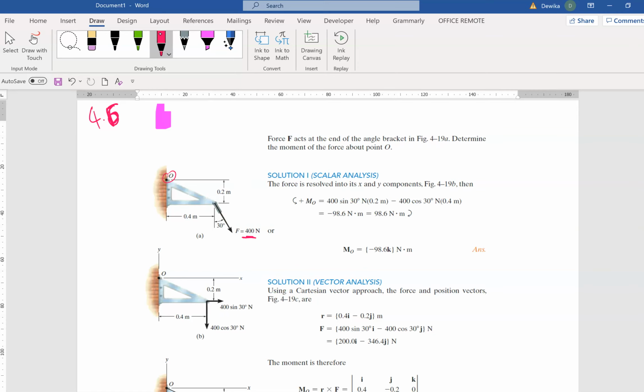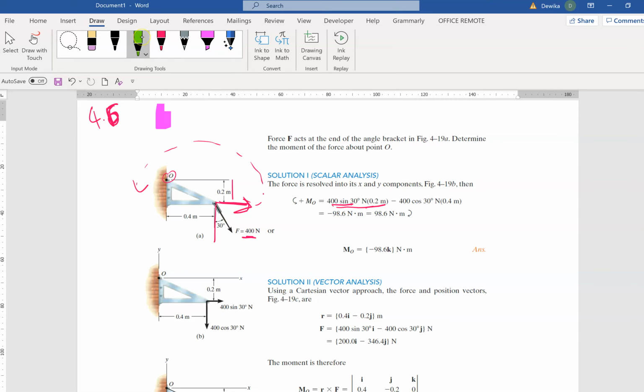So this 400, if you resolve it, you have the cos and the sine component. For the sine component, which is up here, the distance is 0.2. Can you see? 400 sine times 0.2. And this force, when it is like this, it will go this way. That's the reason why this is positive.